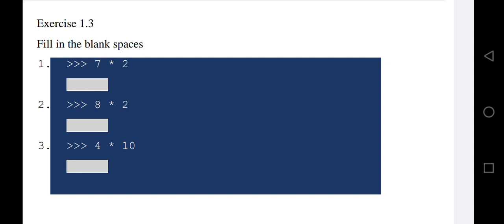Please write the correct output. 2. 8 times 2. Write the correct output. And exercise 3. 4 times 10. Write the correct outputs, be it in the comment section or anywhere.